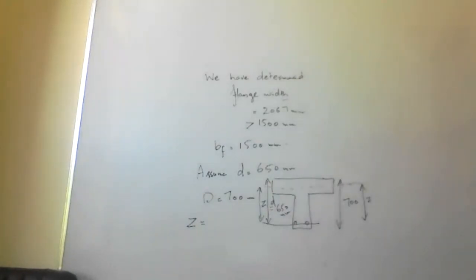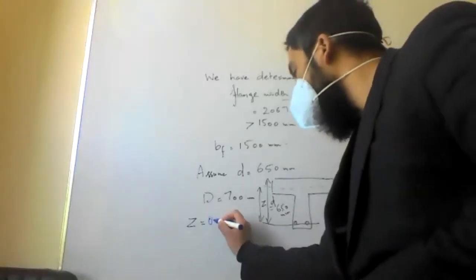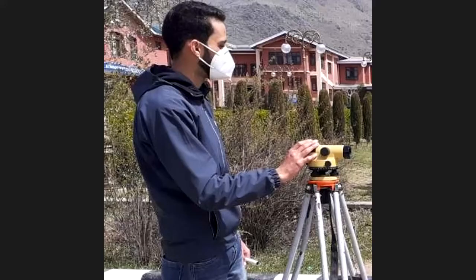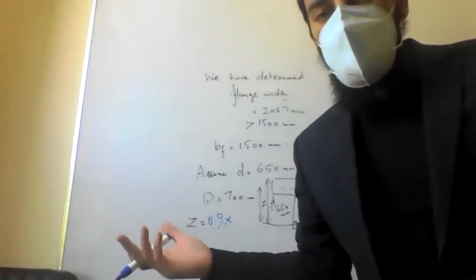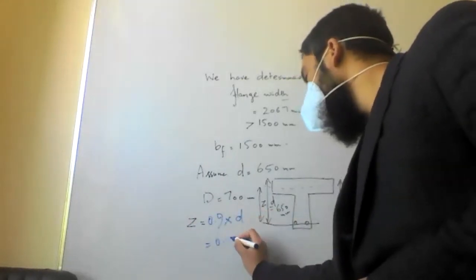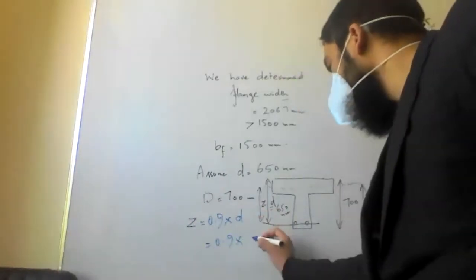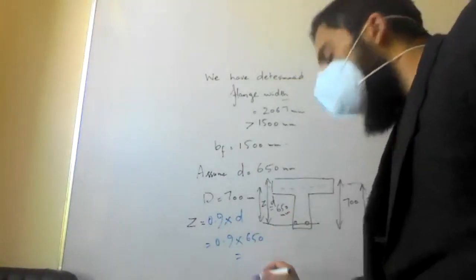Okay. So now Z we can take as 0.9 times the effective depth. Now what is d? 650. So how much would that be?